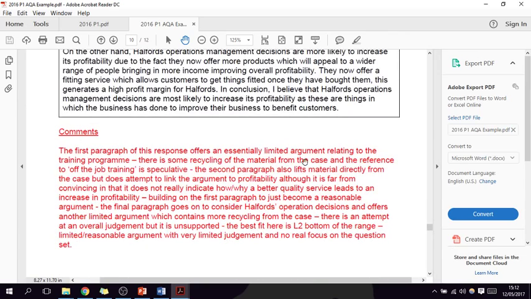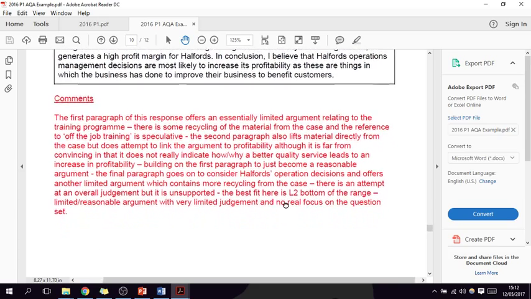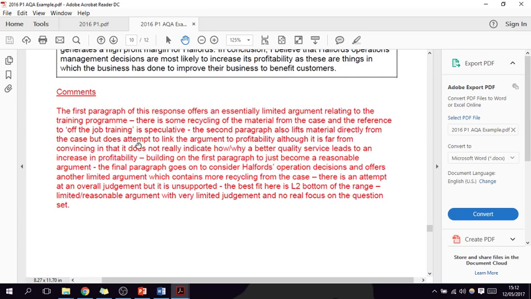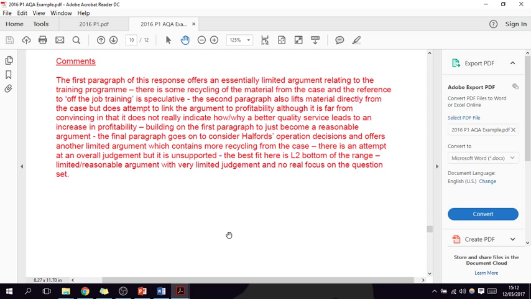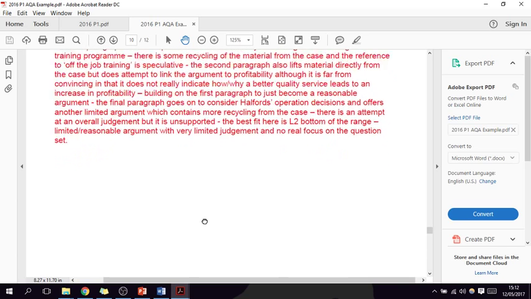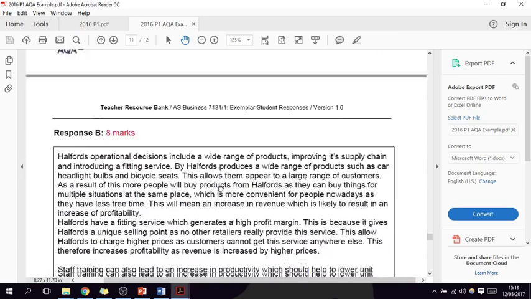If you read it, there's limited argument, recycling of the material from the case study. It lifts material directly from the case but does not attempt to link the argument to profitability. It does attempt to link the argument to profitability, although it's far from convincing. So have a read of that, but that wasn't a particularly good response.